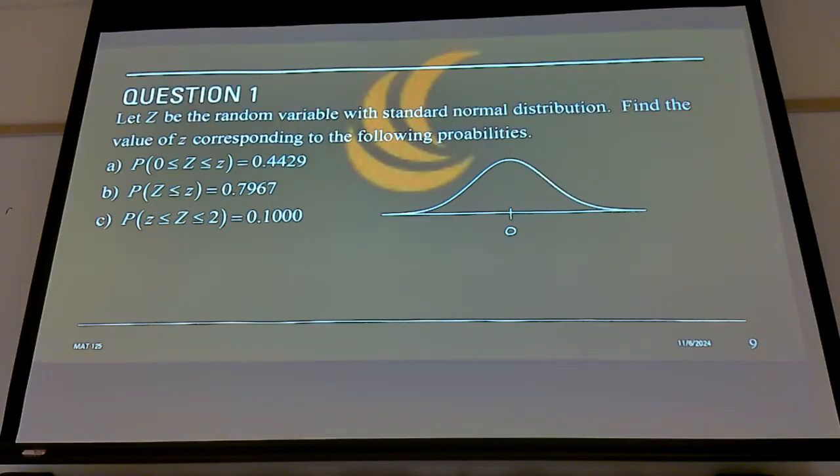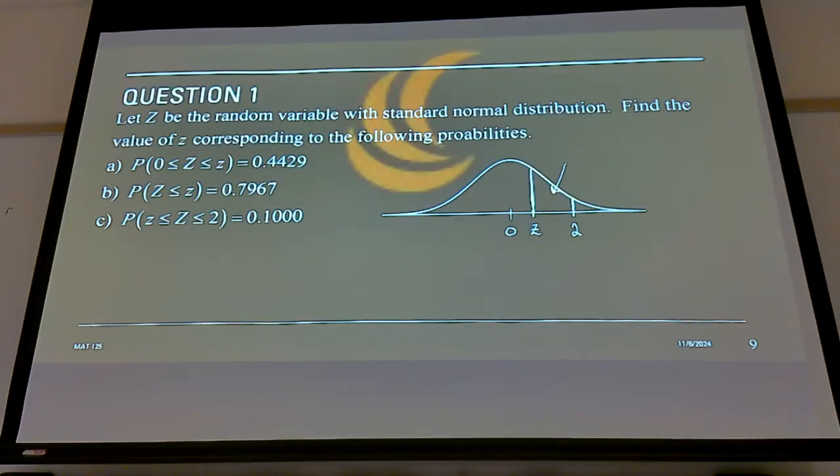Between Z and 2 has an area of 0.1. Let's call that Z. Let's call that 2. So we want that area to be 0.1000.